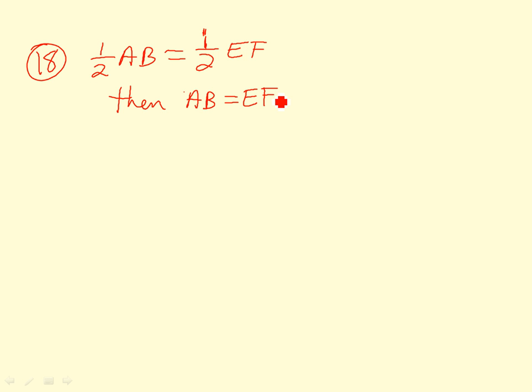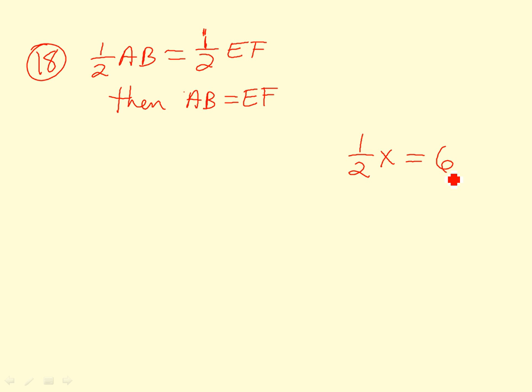Subtraction property of equality? Is that what you did? What would you do if I had this? 1/2 x equals 6. How do you get rid of that 1/2? Divide both sides by 1/2. Now, is that normally what we do? Do we divide by fractions? No, usually if you have something like this, I probably would accept that.